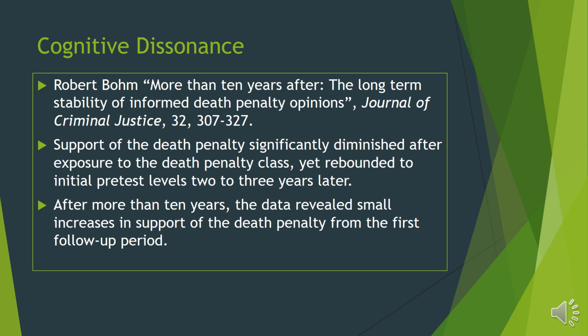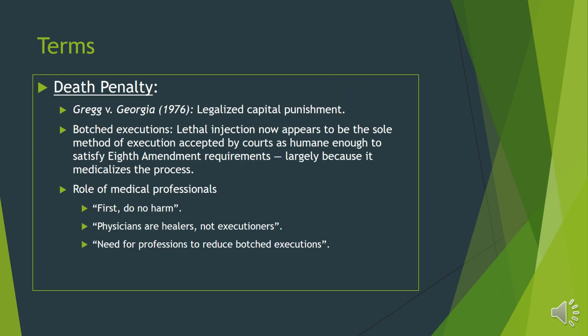As I said earlier, when we consider these applied ethical issues, we also think about the law. So with the death penalty, we have to think about what occurred in 1976 with the case of Gregg versus Georgia, which legalized capital punishment after it had been stopped for over a decade.